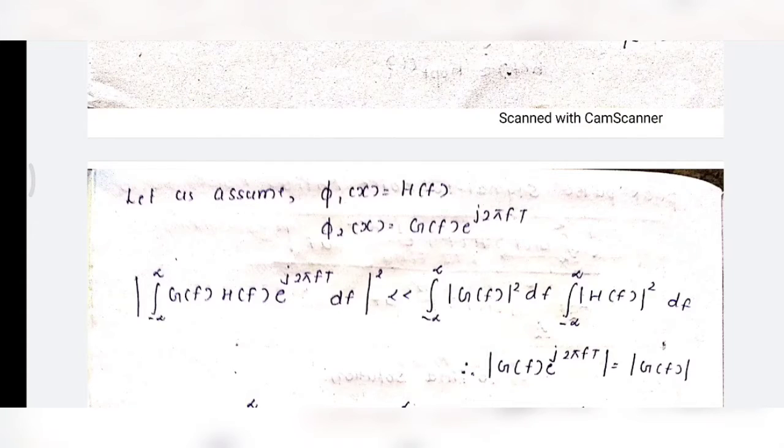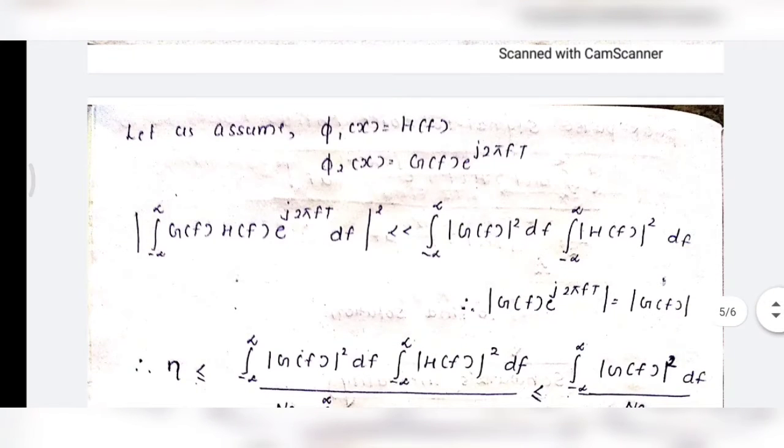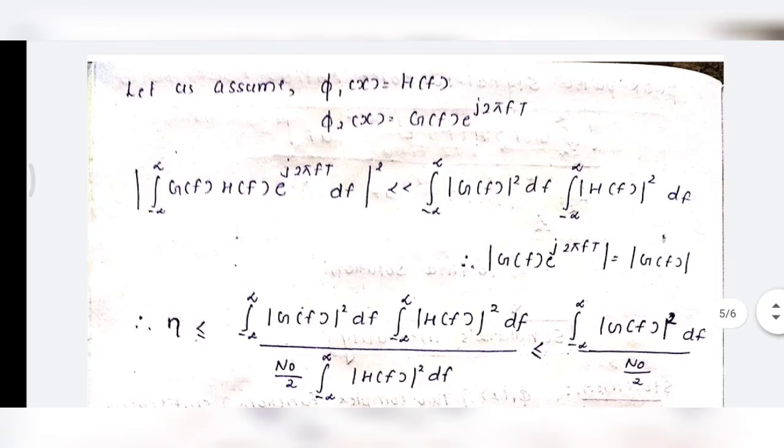So, the numerator, that is integration of g of f h of f e raised to j 2 pi f t df mod square, is less than or equal to the integration of g of f square times integration of h of f square df.